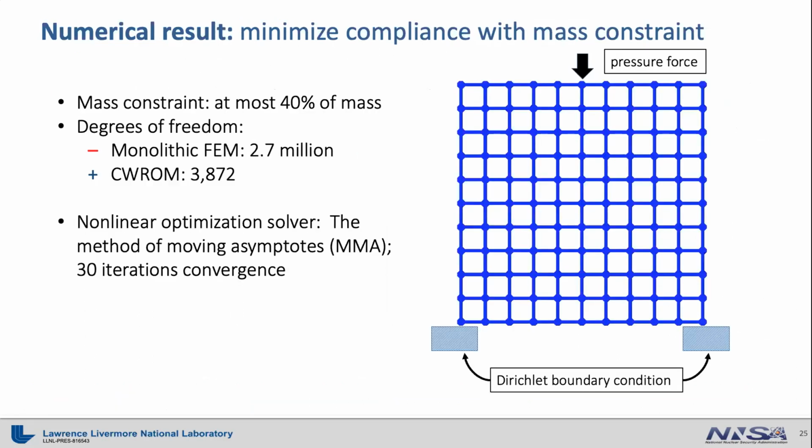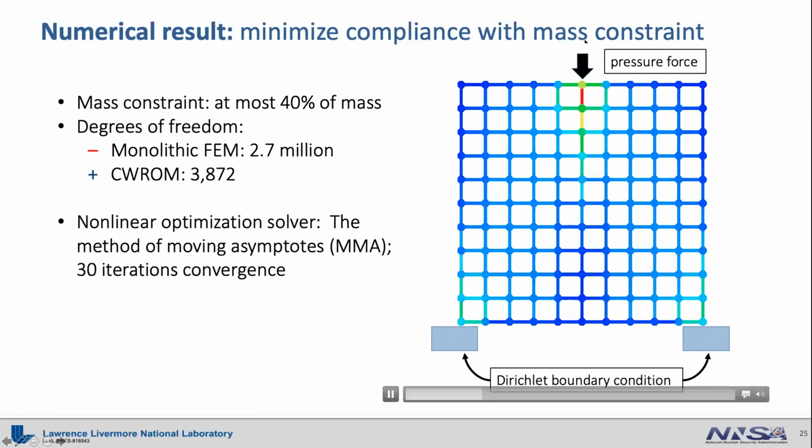So here is a numerical example for lattice structure design using the component-wise reduced model. Here we minimize the compliance, imposing a constraint of the mass being at most 40% of the original computational domain mass. The downward pressure is applied from the top middle, and the boundary condition is applied on the bottom.